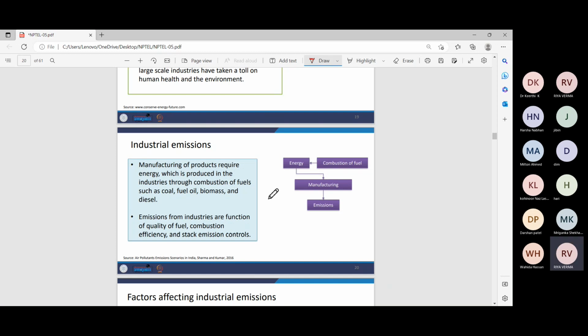Then your combustion efficiency: if the combustion efficiency of the fuel is higher, the fuel will get burnt properly, and then you will have lesser emissions. And third is your stack emission control. What are the measures that we are taking to control the emissions from the stacks? Are we using some devices or any kind of suitable measures?